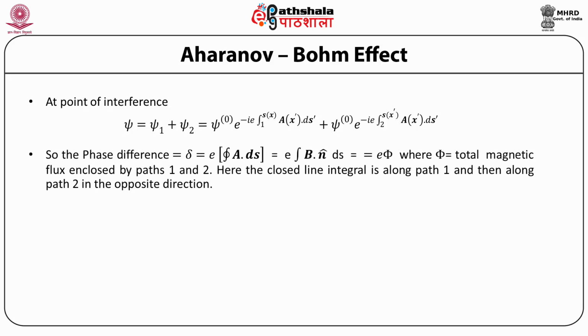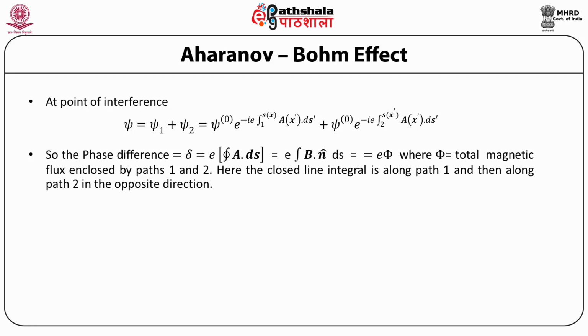The phase difference between the two, which we call delta, is given by e times the closed integral of A vector dot ds over the path, which is equal to e times the integral of B vector dot the normal vector ds, which is equal to e times capital phi, where capital phi is the total magnetic flux enclosed by paths 1 and 2.